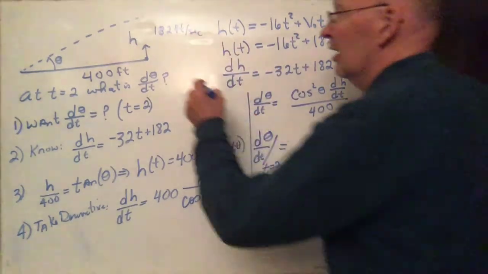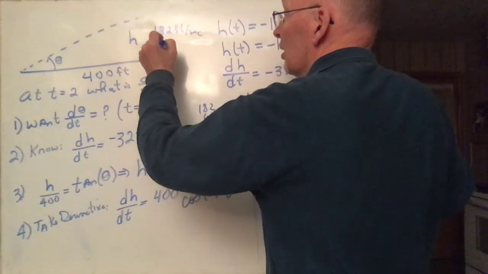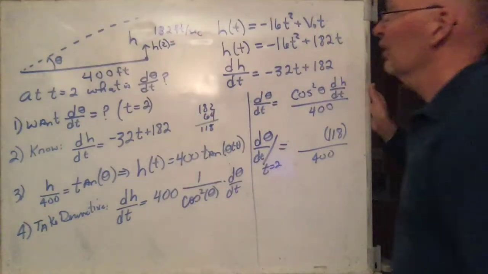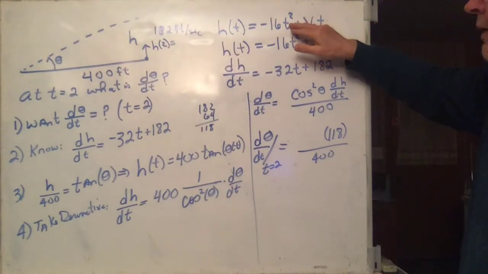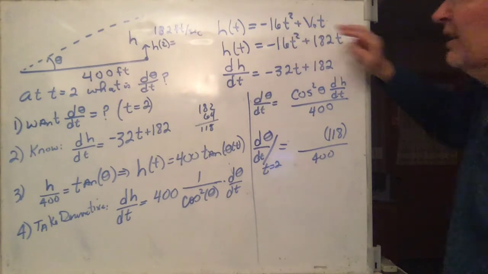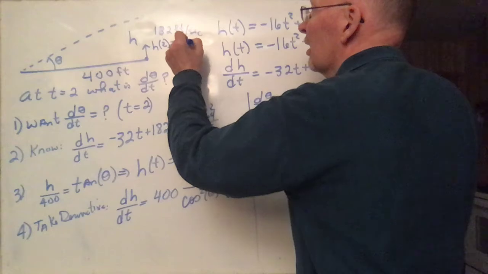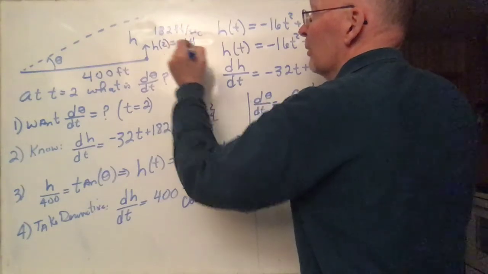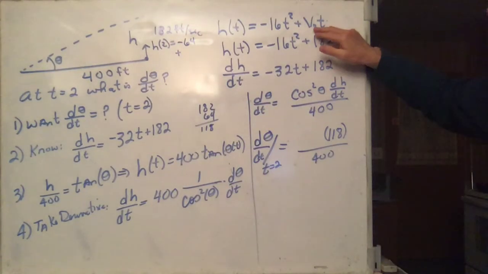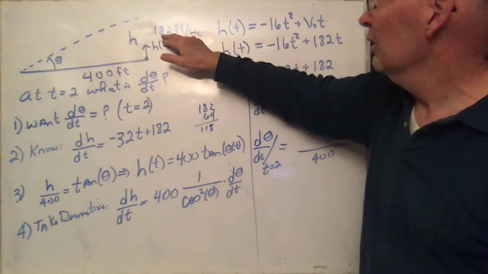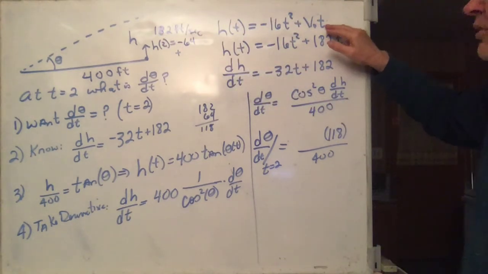Let's find it. What's h of 2? If you put in 2 in here, you're going to get 2 squared is 4, times negative 16, which is negative 64, plus your initial velocity, which is 182, times 2.